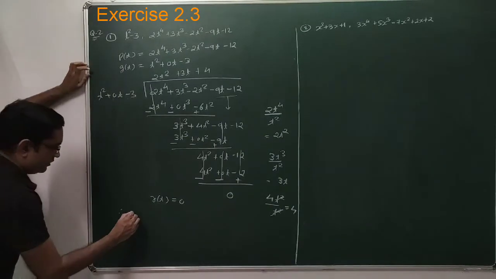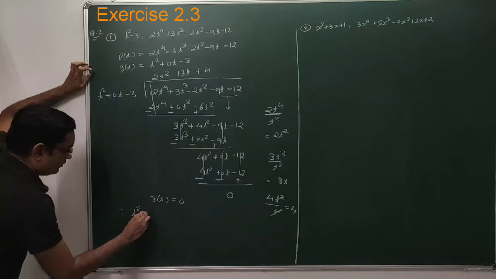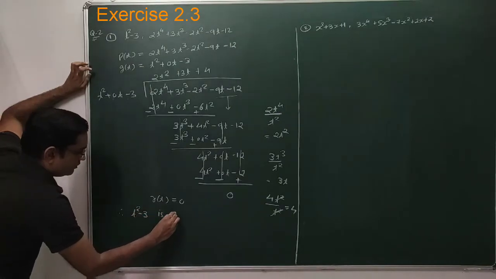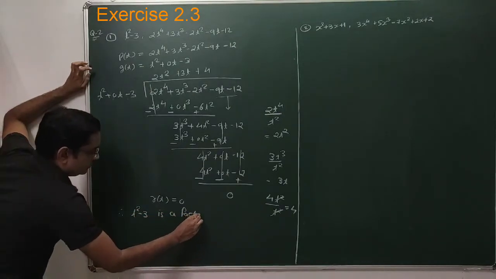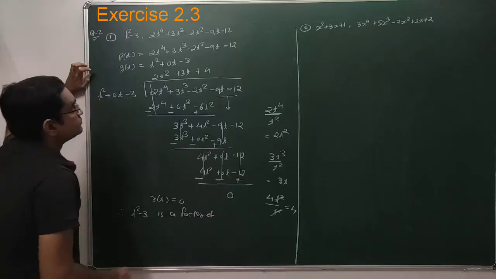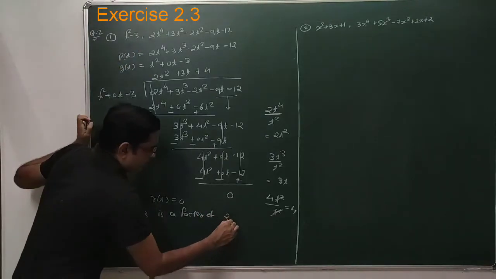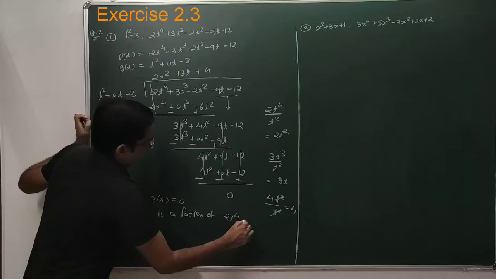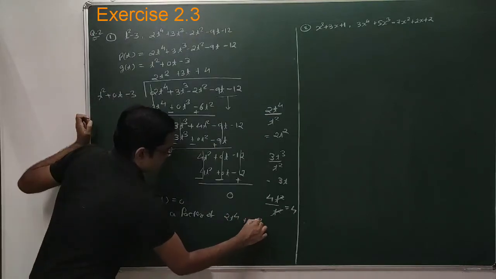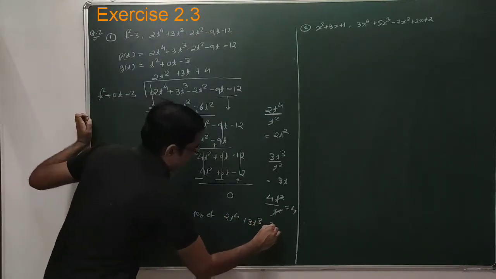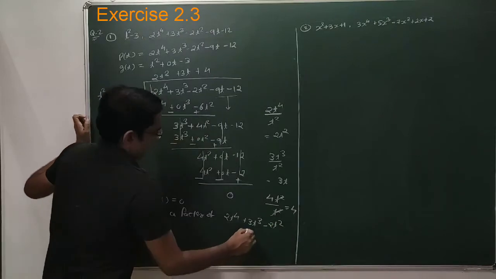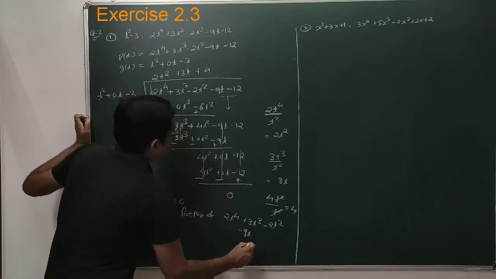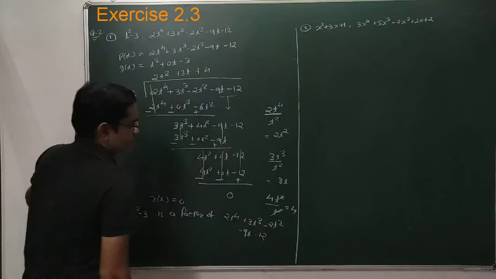So your answer is therefore t square minus 3 is a factor of 2t raised to 4 plus 3t cube minus 2t square minus 9t minus 12.